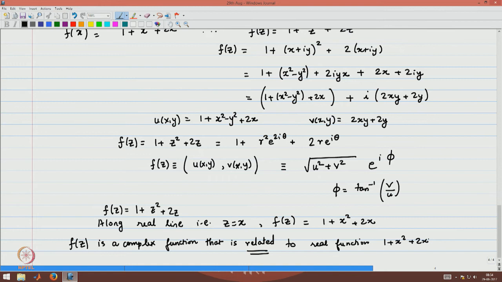Okay. So, what I mean is you have this real function 1 plus x square plus 2 x, okay, and this is a complex function, which along the real line has this value, but it extends the real function to the complex plane. Okay. So, that is what I want to make this point, and formally this is known as something called analytic continuation. Okay. So, you are extending a function of a real variable to the complex plane.